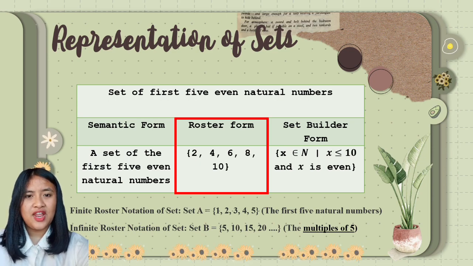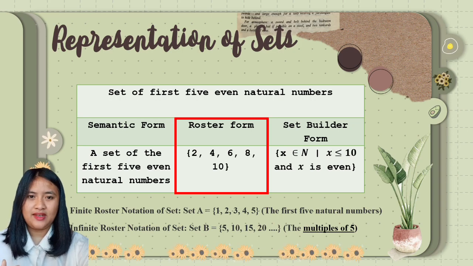Also, if there is an endless list of elements in a set, they are defined using a series of dots at the end of the last element.